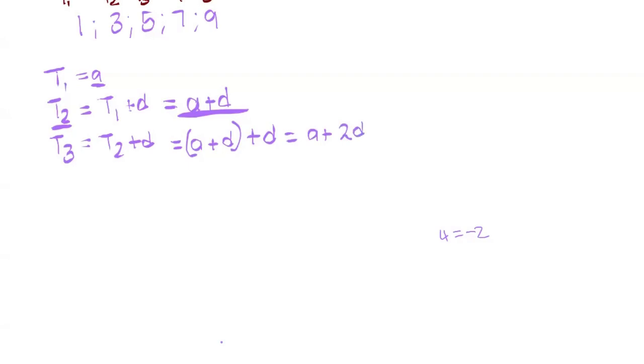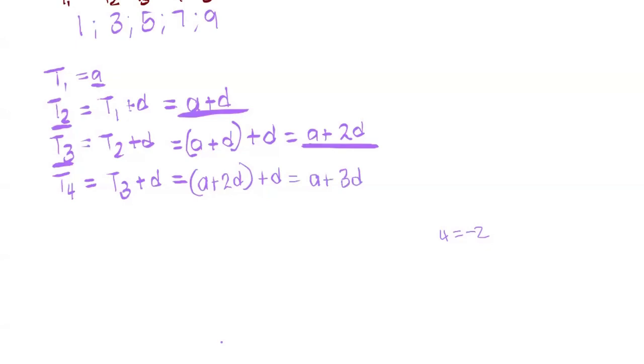And then we've got the fourth term, which is given by T3 plus the common difference. And as we see here, T3 is equal to A plus 2D. So we are going to substitute that again. And then we're going to add the difference to that.